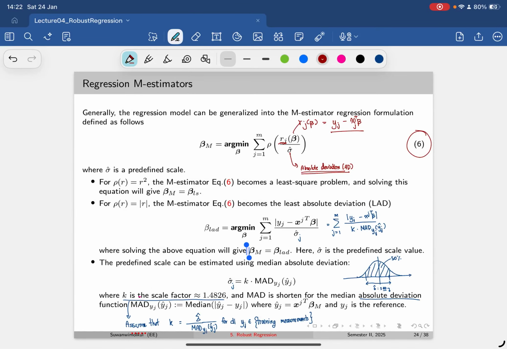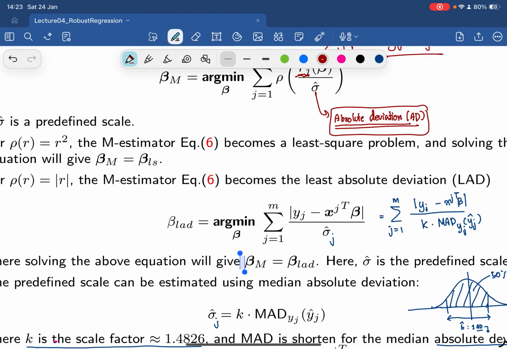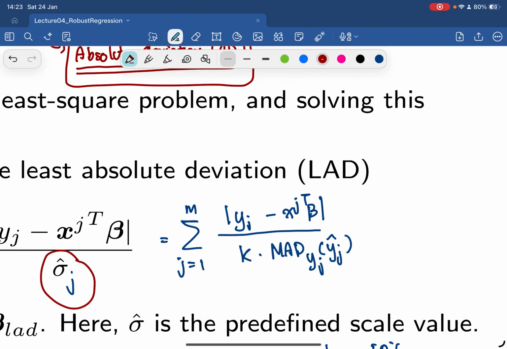But in order to make sure that you are normalized in the same manner, it turned out that this absolute deviation could be adjusted to provide the same normalization, but in our case, this deviation could be different.